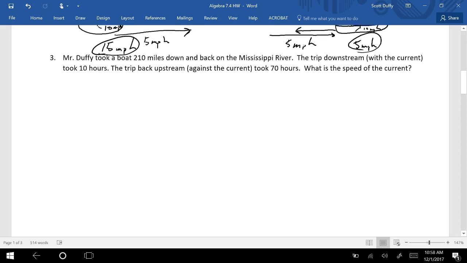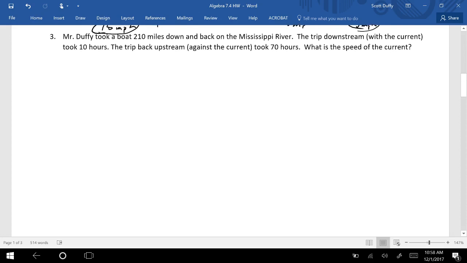Now, if I took a boat 210 miles down and back on the Mississippi River, the trip downstream with the current would take me 10 hours. So I'm going to say what we know is that the rate times the time equals the distance. So going downstream, that's going to be 210 miles downstream. And the time they told us was 10 hours.